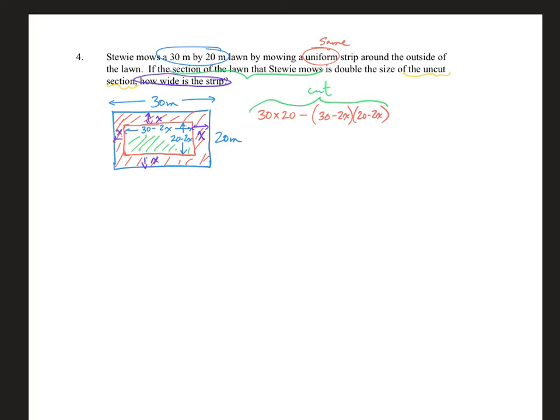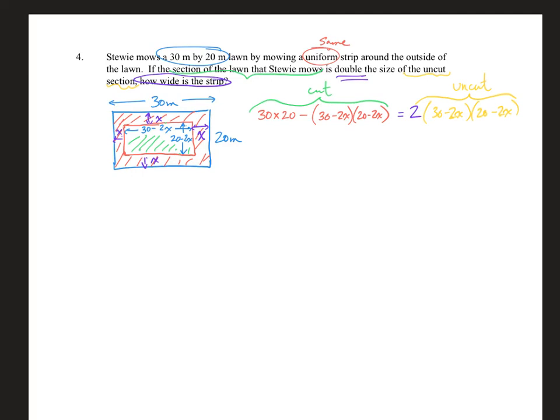That is then equal to, now it says it is double the size. Is means equals. Now I need double the size of the uncut section. Well, the uncut section is that rectangle on the inside. And there is an equation that I could create that directly translates that English language.